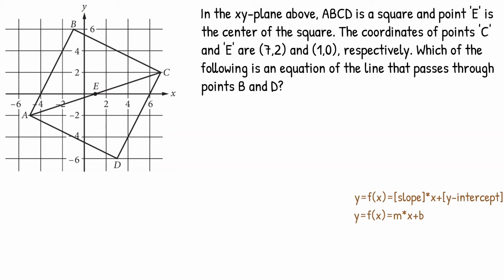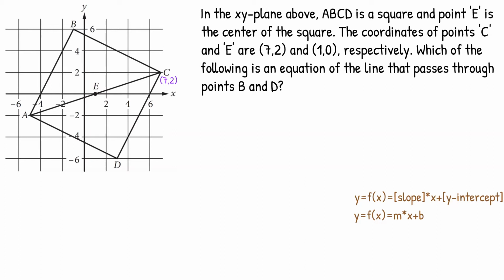So let's proceed. We're provided the coordinates for two points, C and E. Point C has the coordinates (7, 2), which means that at an x coordinate of 7, the y coordinate equals 2.